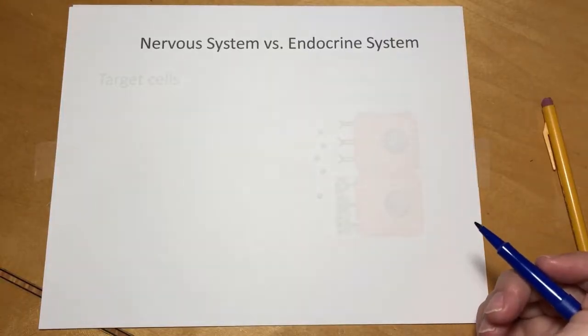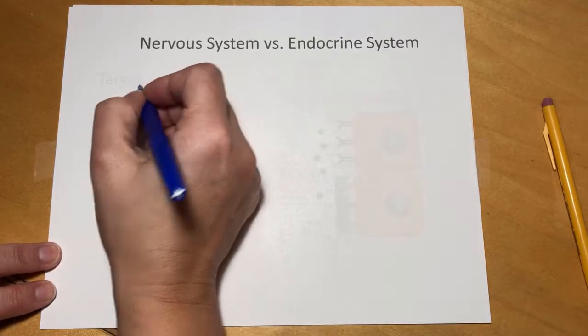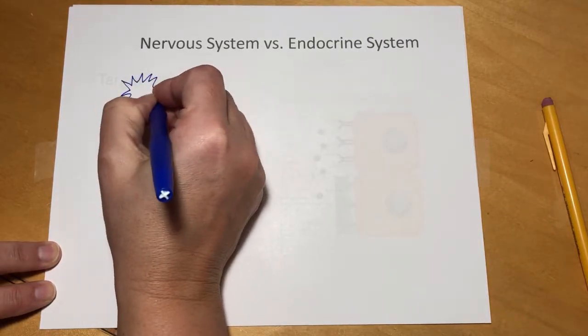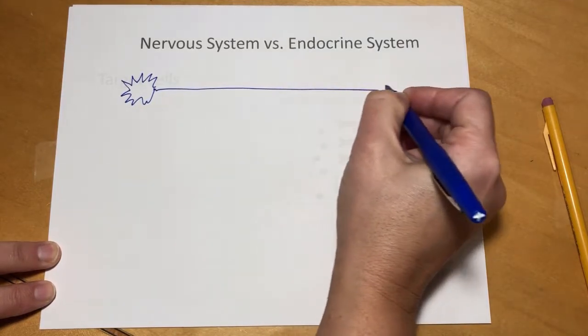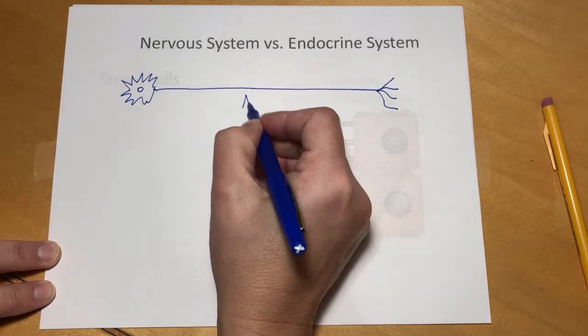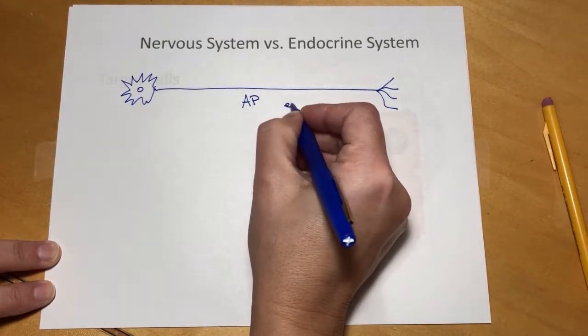Now we just finished talking about the nervous system. And in the nervous system, remember, you have a neuron that has a long axon and a terminal end. When we're sending signals, we send an action potential, which we learned is an electrical signal.